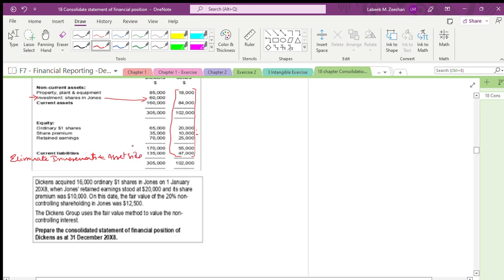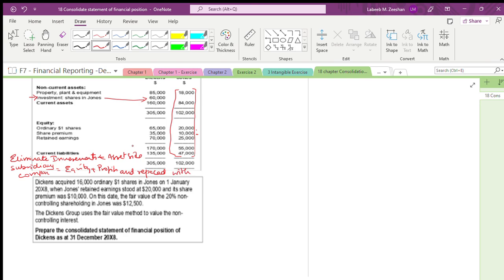And in the subsidiary company, you will eliminate equity, you will eliminate any profits, and replace them with non-controlling interest.